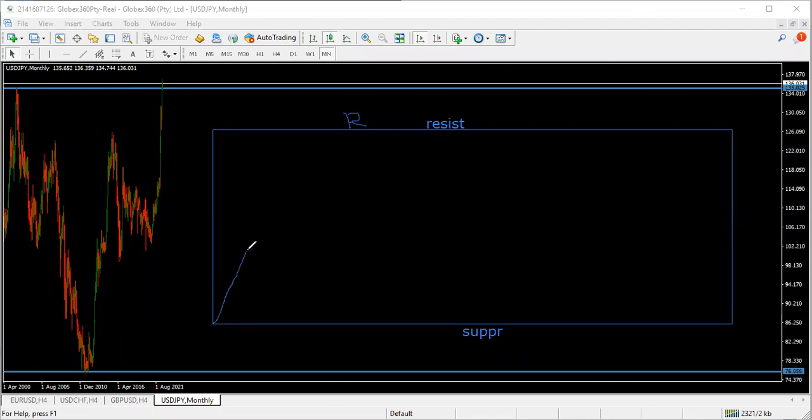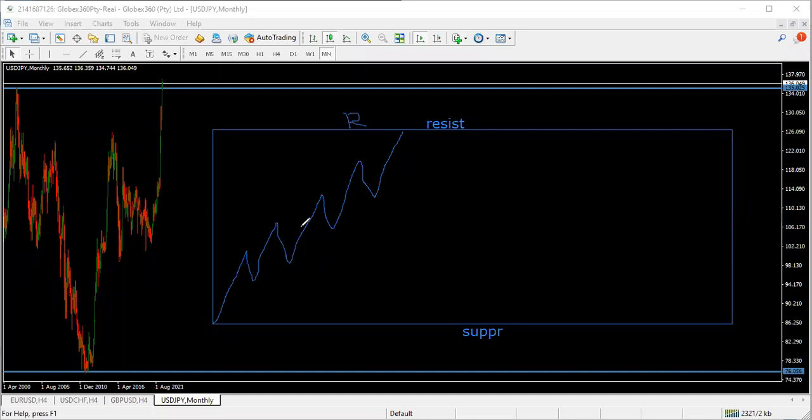You'll see a movement like this. This is how the market moves. Can you see that? Are we still together? Yes, we are.